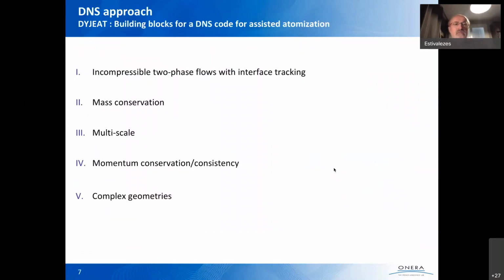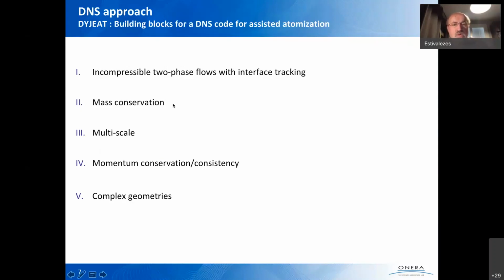I will mainly focus on the incompressible part of the Digit code, which is a building block for a DNS code for assisted atomization. The code has been developed for around 12 years at ONERA. So the two phases are incompressible, and we simulate the interface by an interface tracking method.